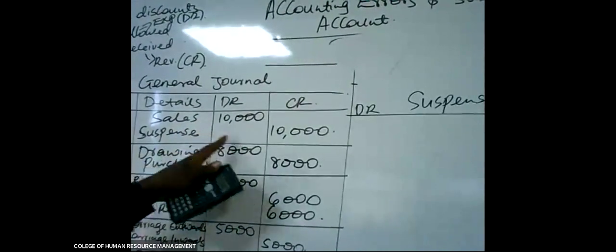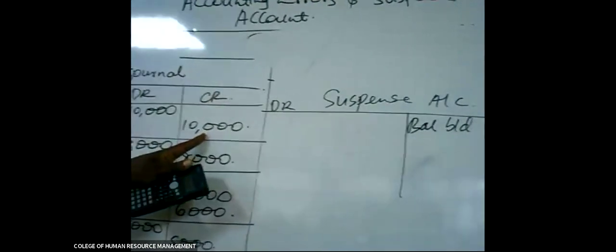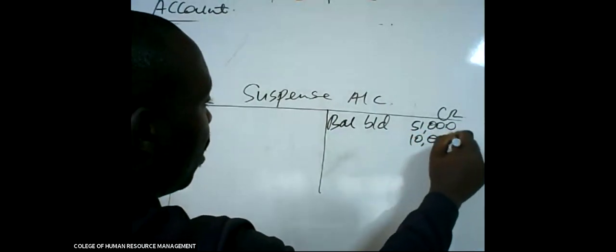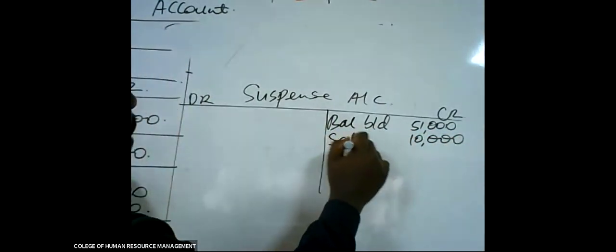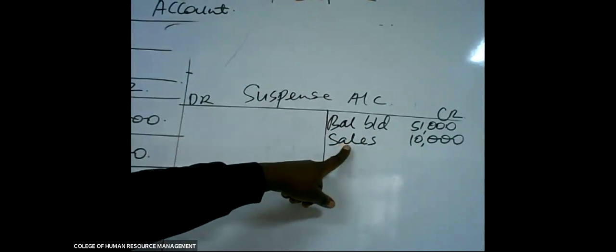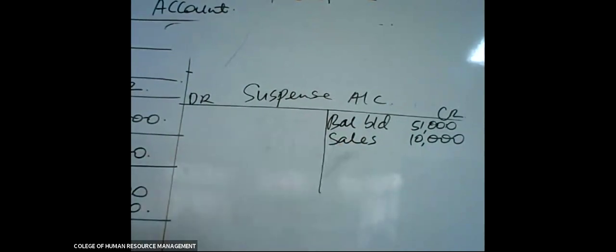But this 10,000 in the suspense is on the credit, so you go to the credit and record the 10,000 there. Then you use the name of the account that was affected together with the suspense, which is sales.